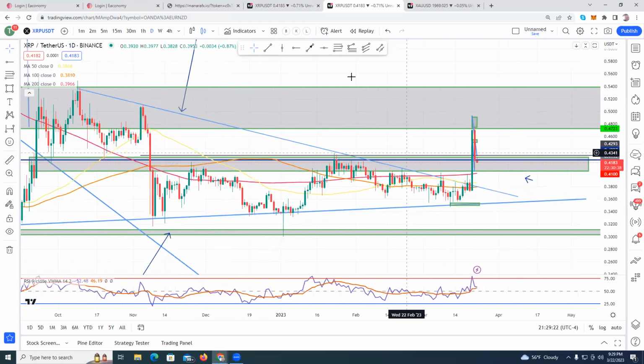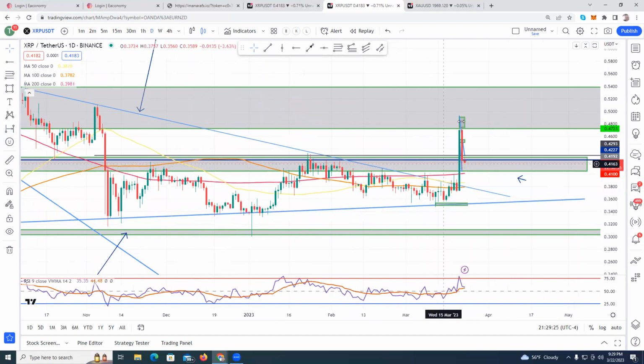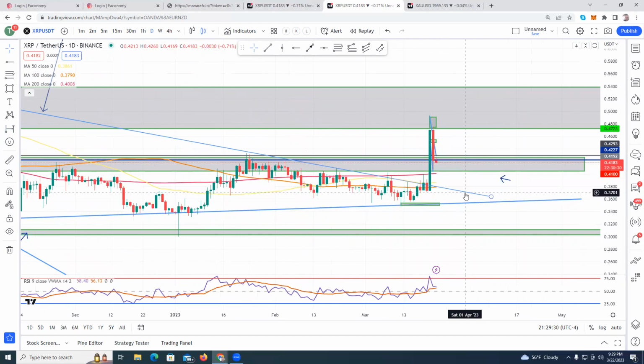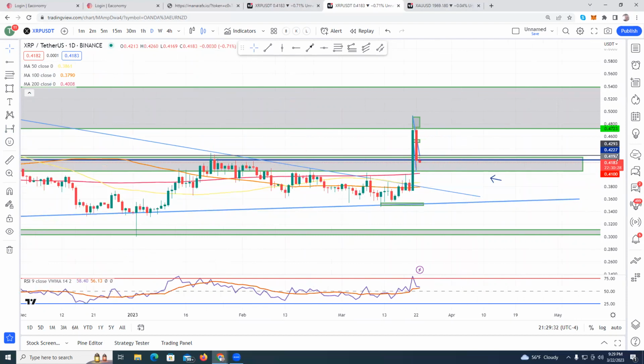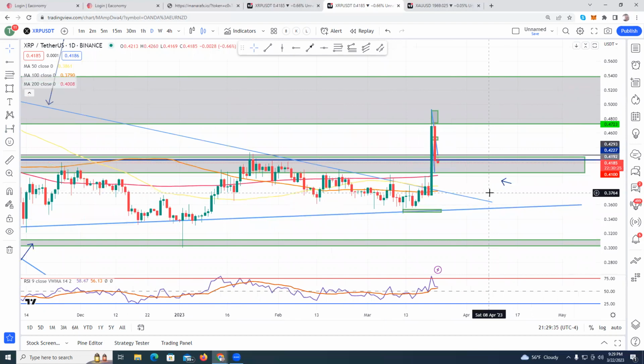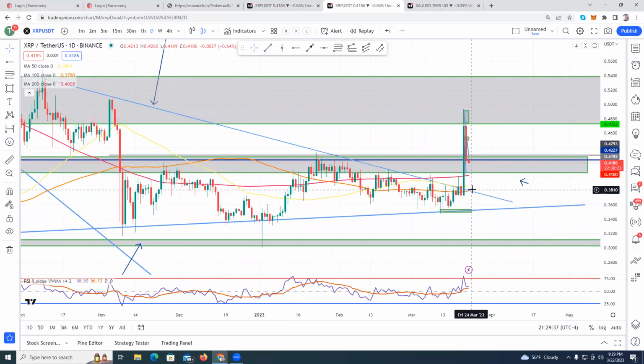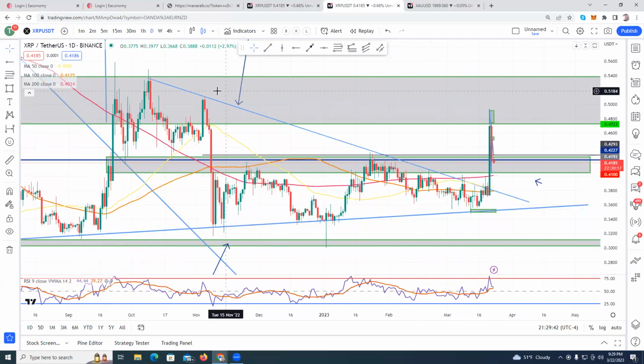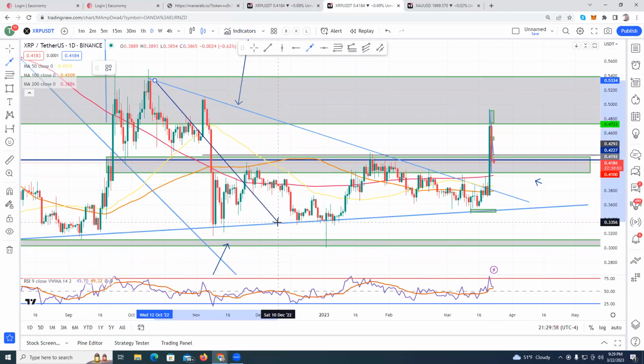So I was waiting for XRP to come back and retest. I did not anticipate for it to happen the very next day, but we are here, in my opinion. I'm going to go down to the smaller time frames and share with you guys what I'm seeing since we've broken out of this formation, out of this pattern. And the interesting thing about triangles or formations like flags is that the move to the upside is usually the distance from the high to the low point or middle point of this.